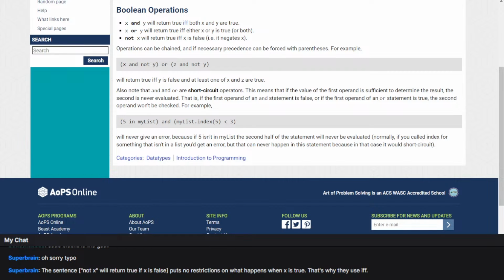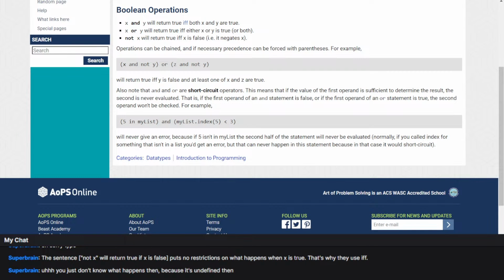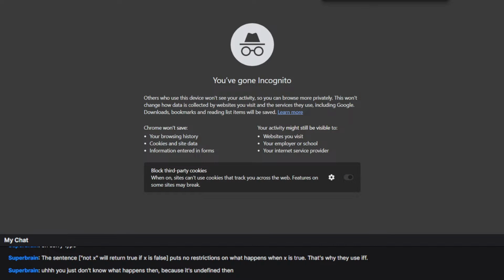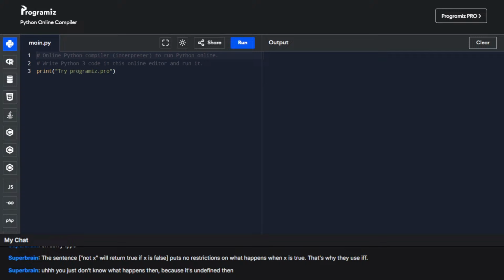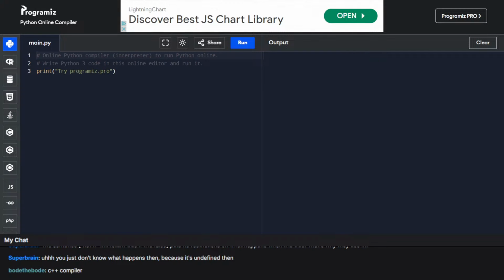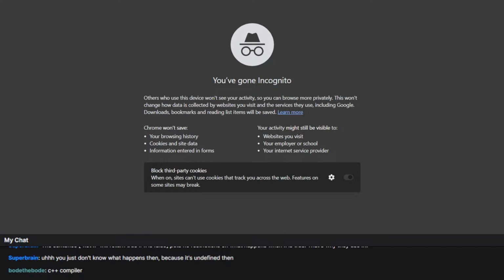Wait, what's this? Wait, what's code box? Like this. Okay, Superbrain says you just don't know what happens then, because it's undefined then. Oh. Really? Bodepibode says C compiler. Also, what's CodeBox? Because you recommend it.